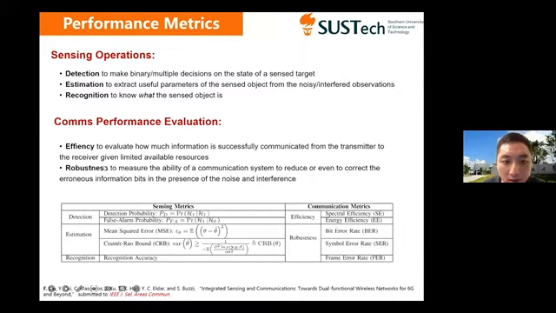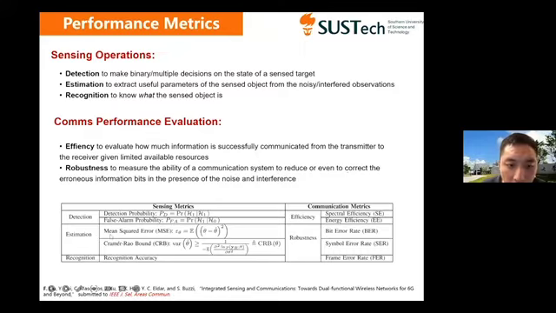And robustness measures the ability of a communication system to reduce or even correct the errors in transmission in the presence of noise and interference. For robustness, we have metrics like bit error rate, symbol error rate, and frame error rate. For sensing and detection, we have detection probability and false alarm probability as two typical metrics.